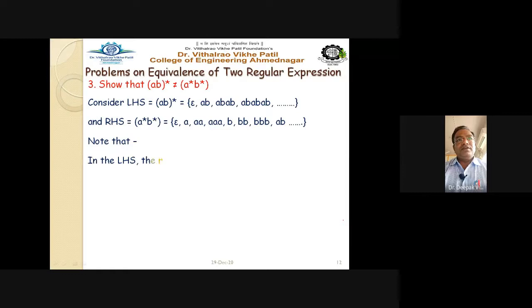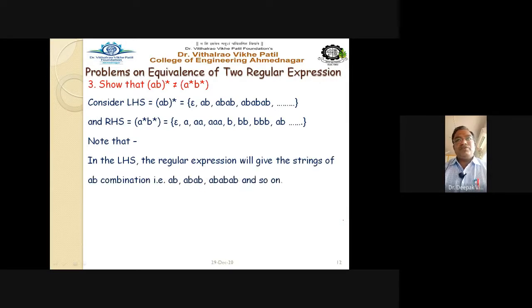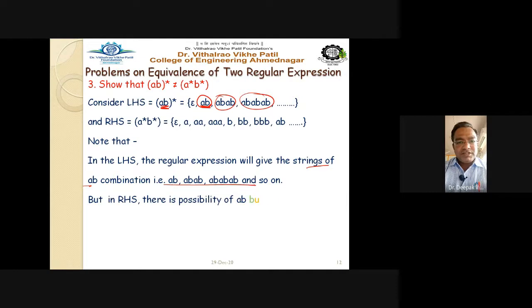Note that in the given LHS, the regular expression will give the strings of AB combination, because here it is A dot B. So all terms must have AB, AB, AB, AB only. The strings are in this format only. But in case of RHS, there is only a single term AB, but not AB AB.